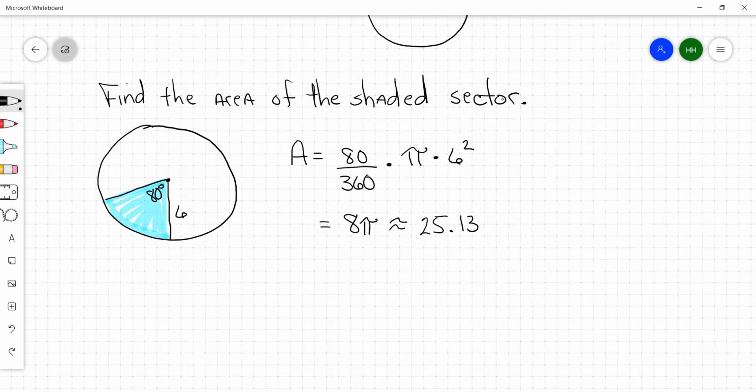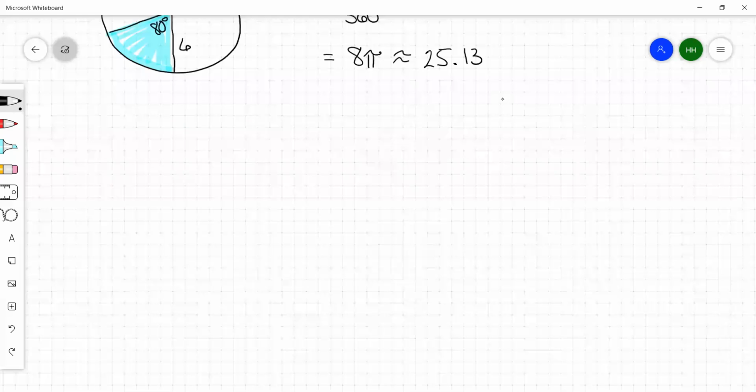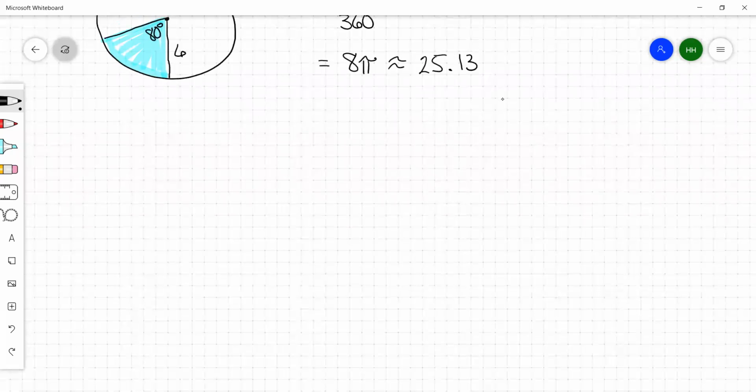All right, let's do one more where we get this. We're finding the area of the shaded again.